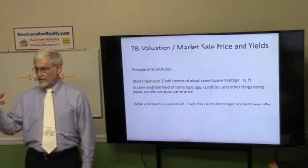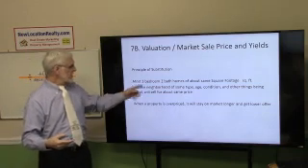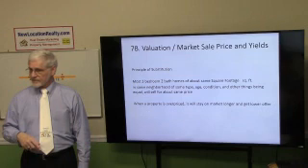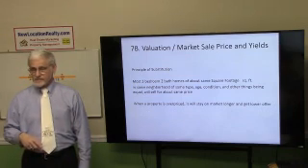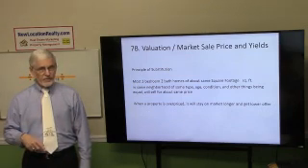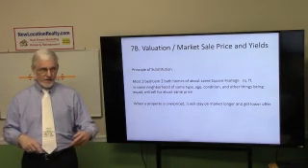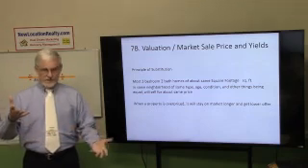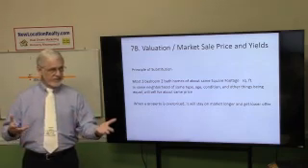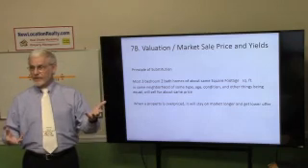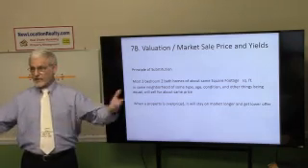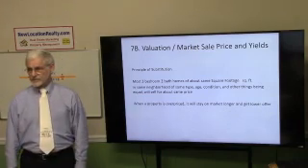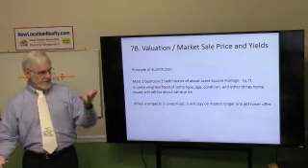The principle of substitution says, which one is the buyer going to look at first? The most expensive one? No, probably not. They don't want to pay $100 if they can get one for $85. So they're going to look at the others, and if they can justify, well, this one is really worth $100 because it's already been rehabbed, it's got new everything in it, and the one at $85 needs a complete job, so it may balance out.